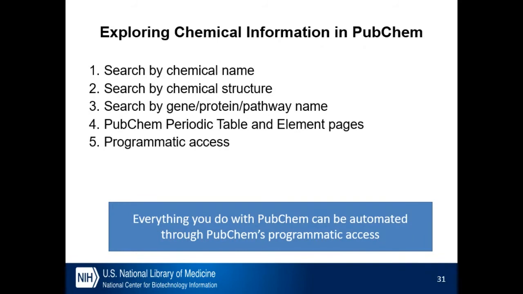And one thing that I want to emphasize here is that everything you do with PubChem can be automated using a computer script written in common programming languages like Python or R. So average users search PubChem just for a single chemical, but there are people who programmatically access PubChem to get data for hundreds of thousands of chemicals, primarily for research purposes.